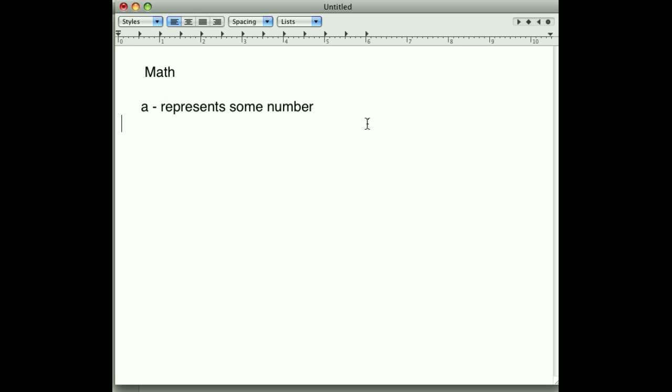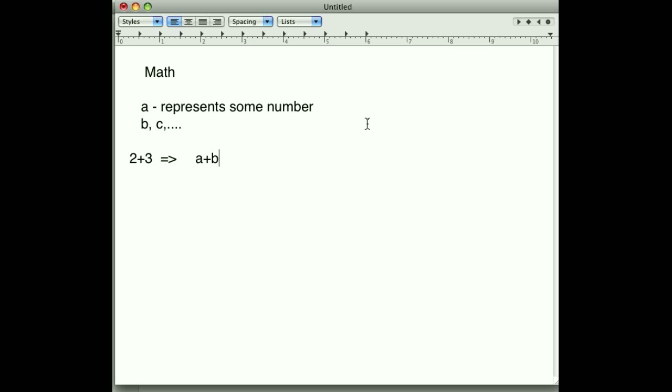I can have A, I can have B, C, etc. So if I want to represent an addition of two numbers, instead of writing, let's say, 2 plus 3, I can write it with symbols A plus B. So A represents 2 and B represents 3 in this case. But A plus B is more general than 2 plus 3 because A and B could be any numbers.